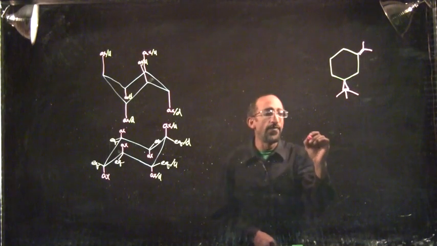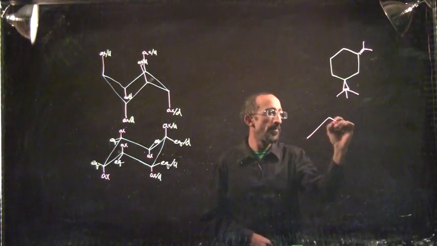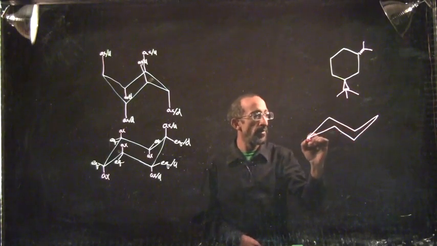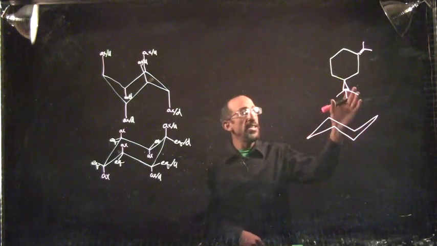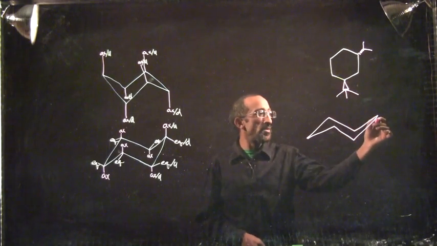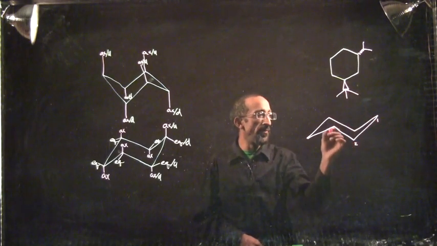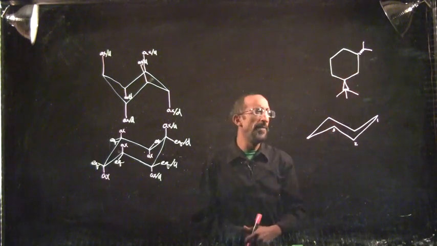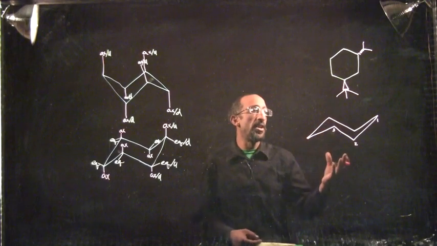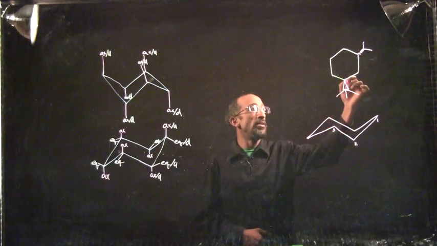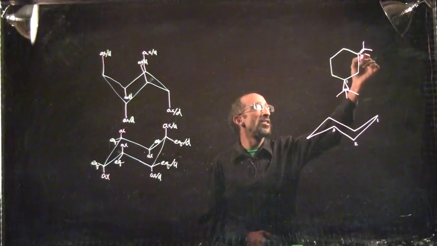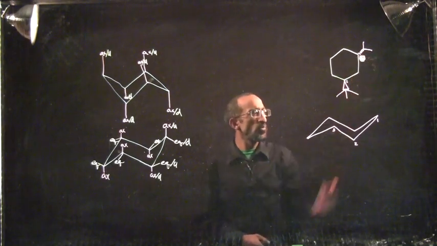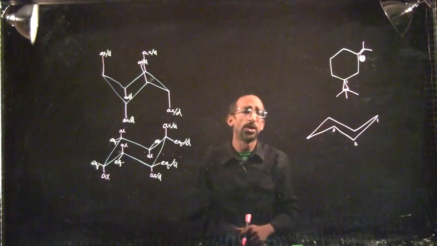So now let's draw our first conformer. We'll begin with numbering, so we'll call this position 1, 2, and 3, where our large substituents will be. Now we can arbitrarily set this as our carbon 1, this our carbon 2, this our carbon 3, and let's see what the two conformers would look like.